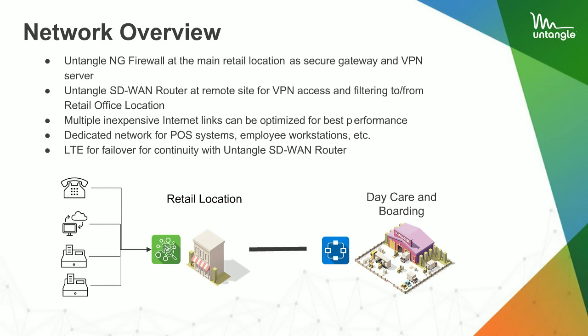In addition, both of the remote locations, the retail and daycare facilities, have the ability through the SD-WAN router to also leverage LTE connectivity for failover for continuity. In the event that there is some catastrophic issue with ISP connections, you can still leverage an LTE service to get some level of service during the outage.